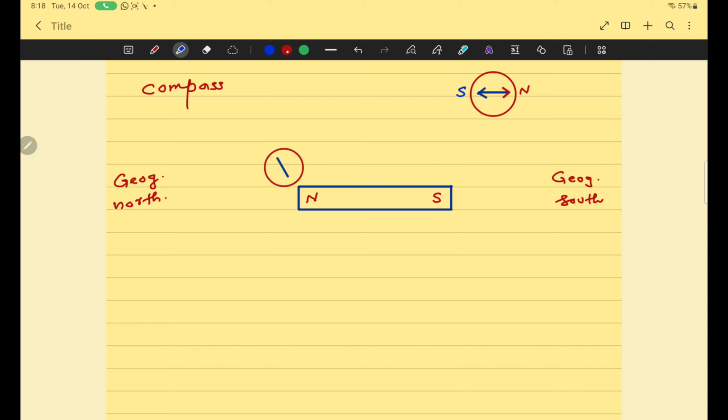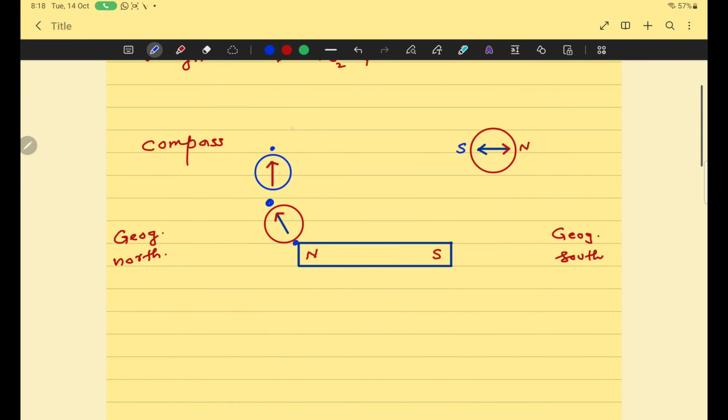If you place this magnet compass at this position, you will find the red end of the pointer is repelled by the north pole of the bar magnet. If you mark two dots with the pointer and then move the compass in the forward direction, you will find again the direction of the pointer changed, and keep on marking the end of the pointer position.